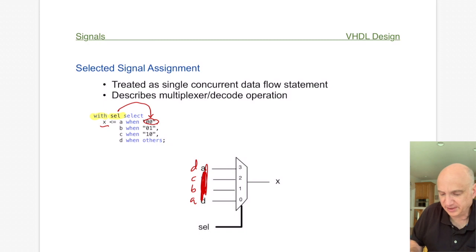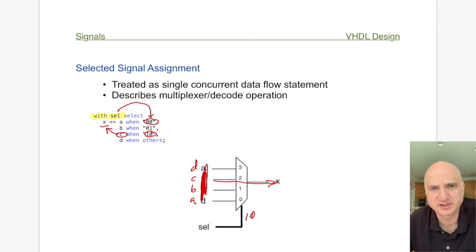Basically, if you input a 1, 0, or in this case a 2, then the value of C should appear on the output. So if 1, 0 is on the select lines, then the value of C should go on the output. C feeds to the output here. That's how you interpret this basic command.